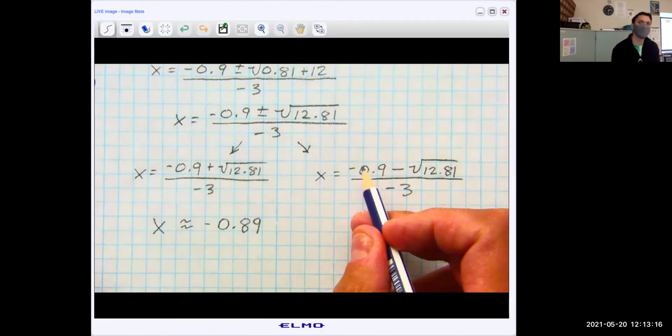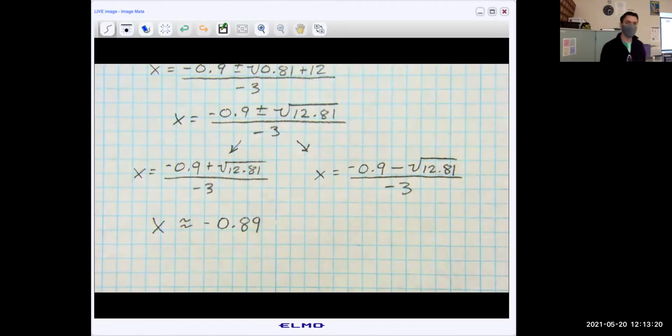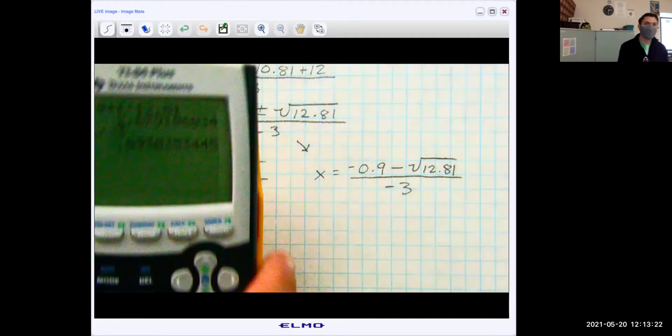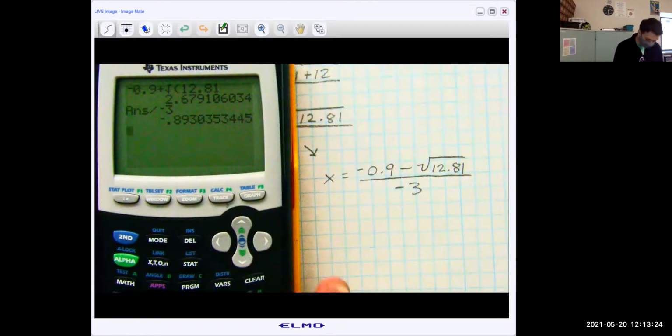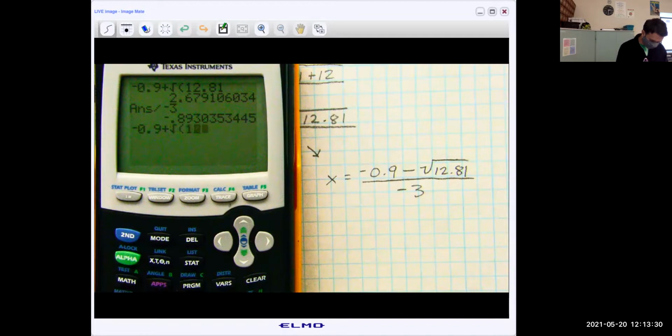We have to do this other one though too. So I'm going to do the same thing again. I'm going to plug it in my calculator. I'm going to go -0.9 minus the square root of 12.81. And I see what that is. I don't round it. I just leave it in my calculator. And I divide it by -3.